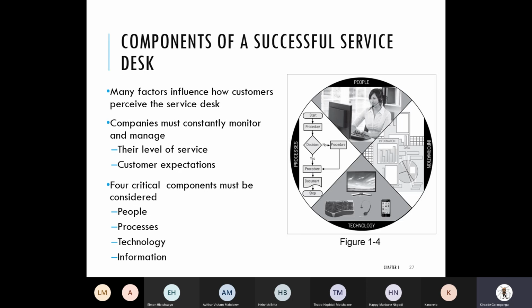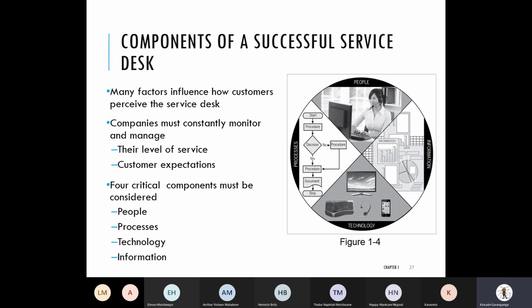So the four critical components associated with a successful service desk, which we'll be discussing in separate sessions and lectures, are your people component, your processes, technology, and information. So very important for you to remember.